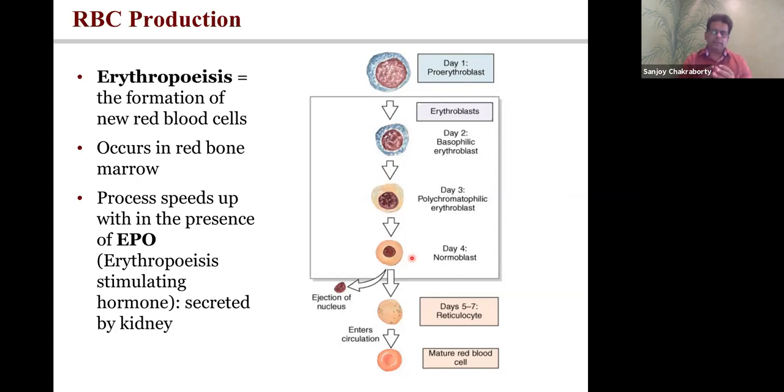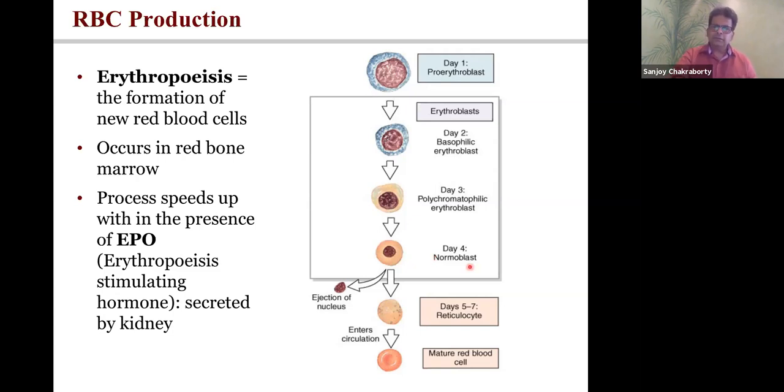At that stage, when they're normoblast, they eject the nucleus. We don't need that nucleus anymore. Whatever protein they made, they already made it, or they are in the process of making it from the mRNA that they produced. So they don't need the nucleus, so they throw it out, and they become a reticulocyte.